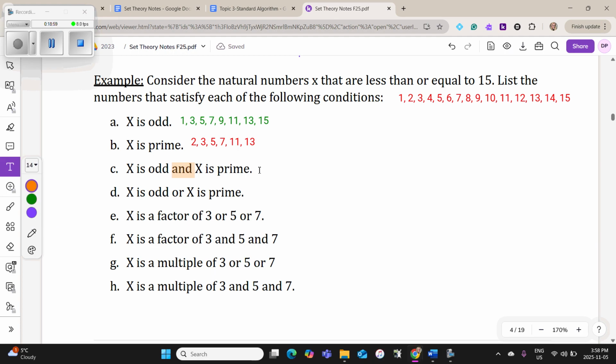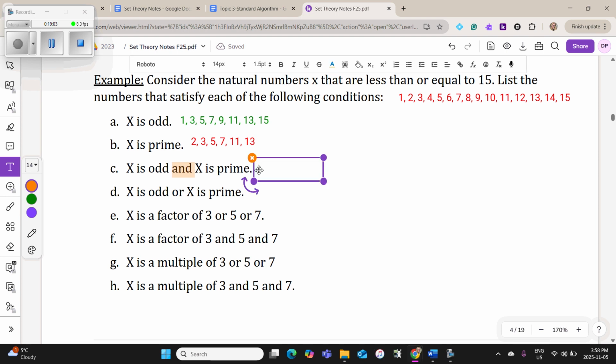I'm looking through all of them, and I see that 3 is in both of those sets. I see that 5 is in both of those groups. I see 11 is in both of them, and I see 13. It has to be in both of those groups in order to be included.